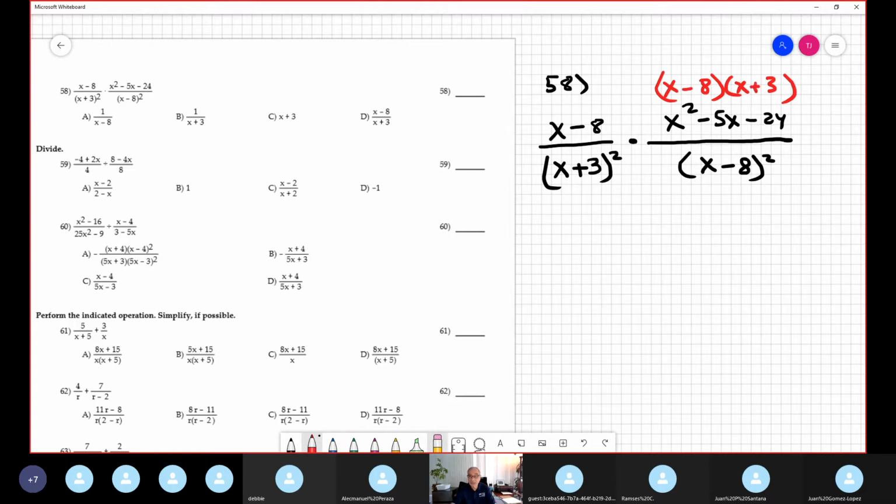Good. Okay, so we analyze what factors cancel, what factors stay. Well, x minus 3, x plus 3, sorry, cancel out with the only one. And the symbolic way is this, because you have 2 here, x minus a and x minus a together is x minus a squared, which cancels out with this.